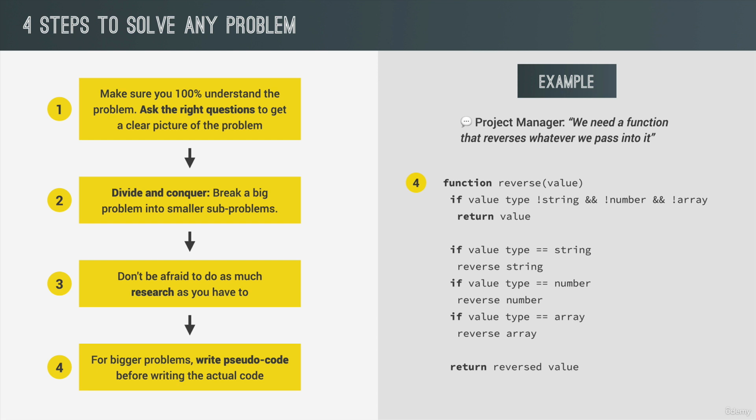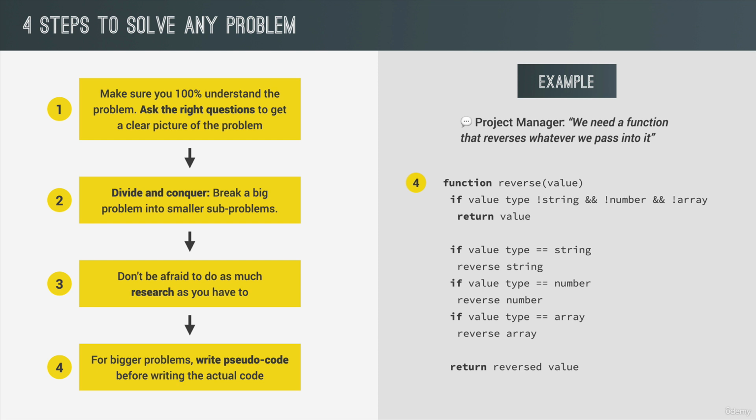And that's because, as we defined previously, we only want this function to work for strings or for numbers or for arrays. And again, you can clearly see that this is not any valid JavaScript at all. But anyway, if the type of the value passed this initial test, then we say if the value is a string, then reverse the string.